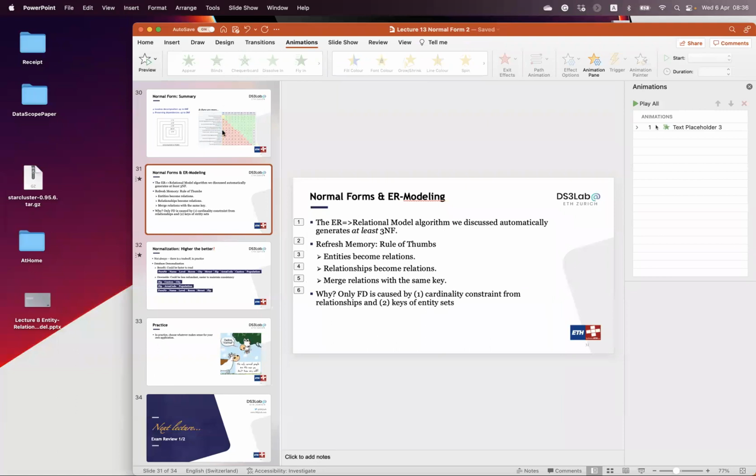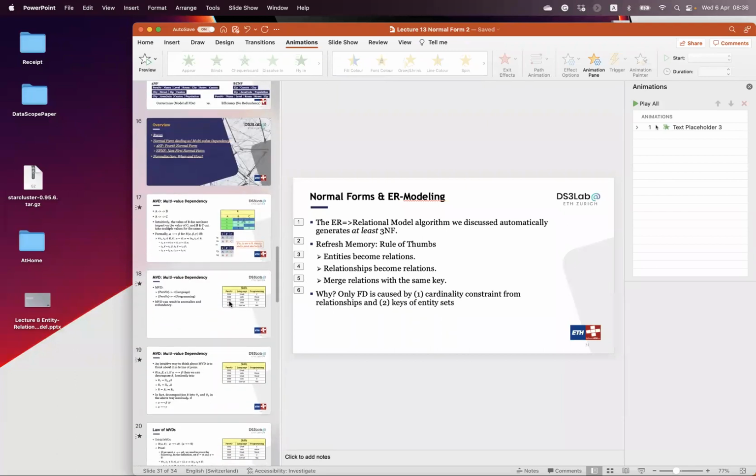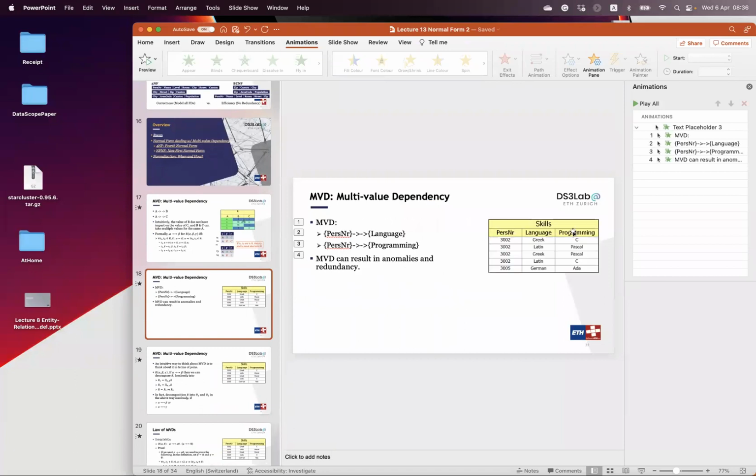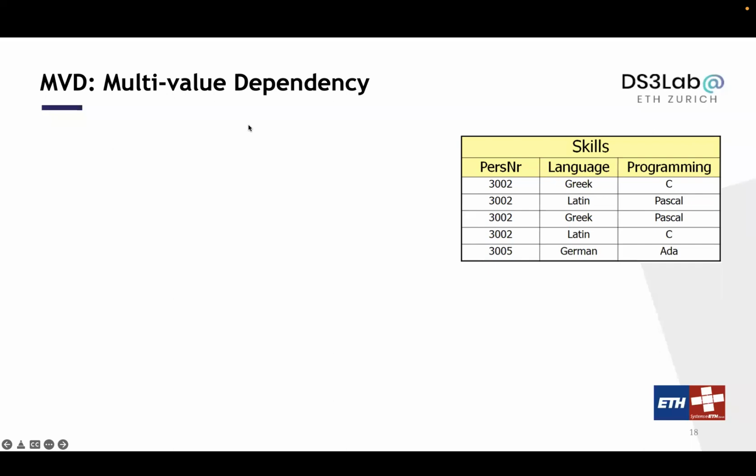Okay, so there's one question: what is the intuition behind MVD? Look at this example. This person, 3002, can speak two languages, Greek and Latin, and can program in two languages, C and Pascal.